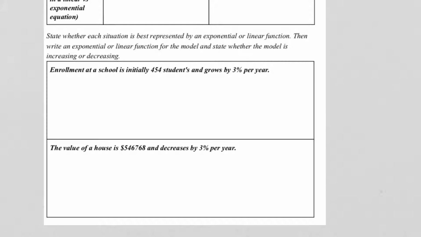So enrollment at a school is initially 454 students and grows by 3% a year. So this would be 454 students times 1 plus 0.03 raised to the power of t. Well, that certainly looks like an exponential equation.